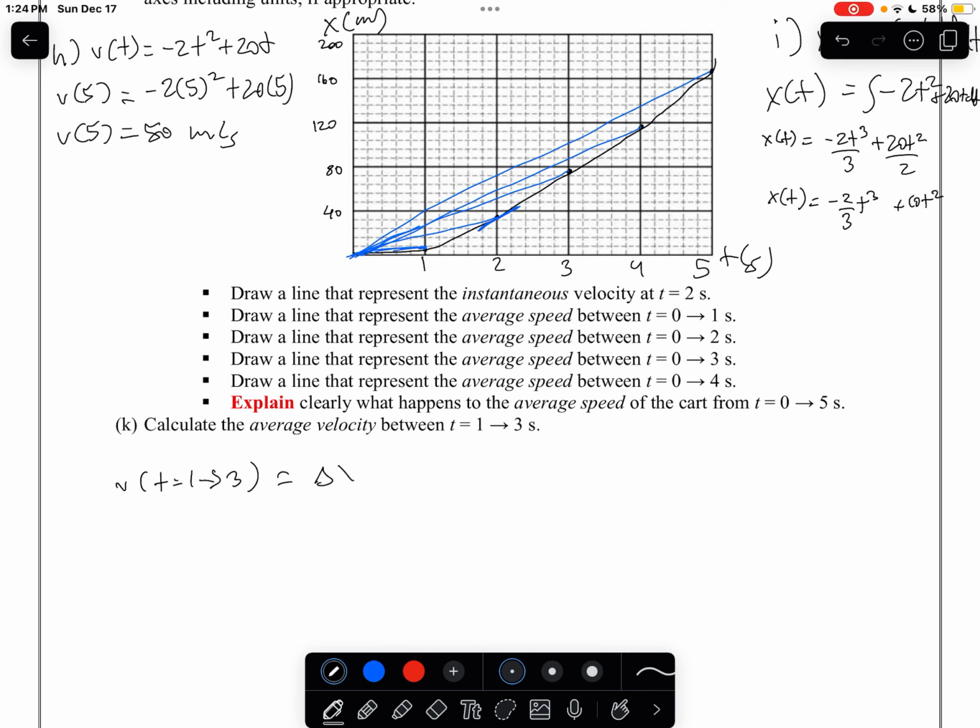The final position at 3 seconds was 72, minus the initial position at 1 second, 9.33, over 2 seconds, equals 31.33 meters per second.